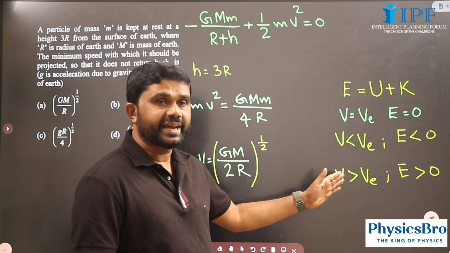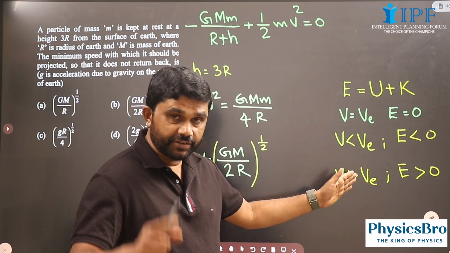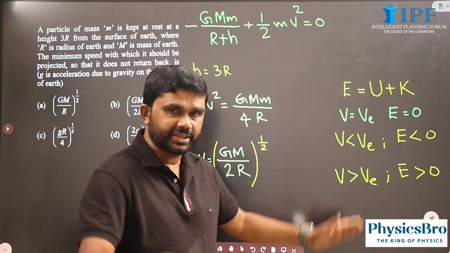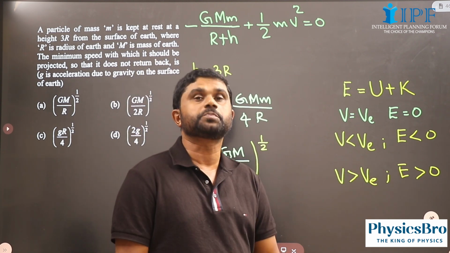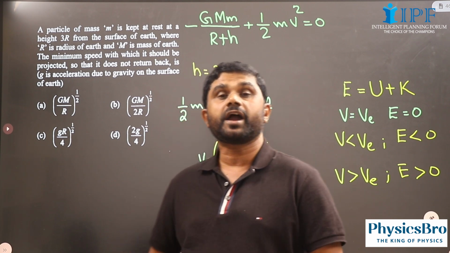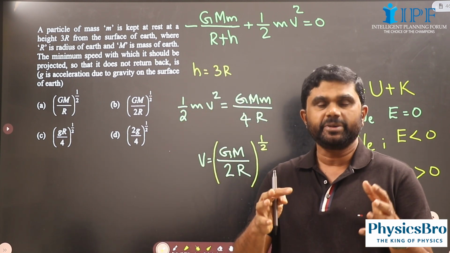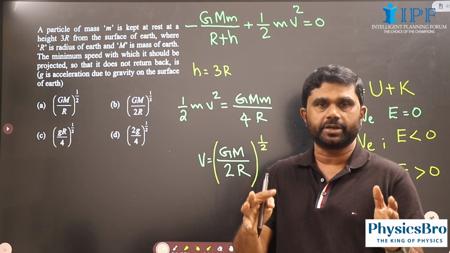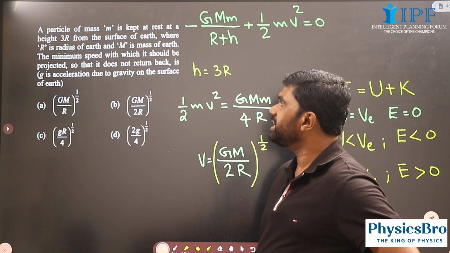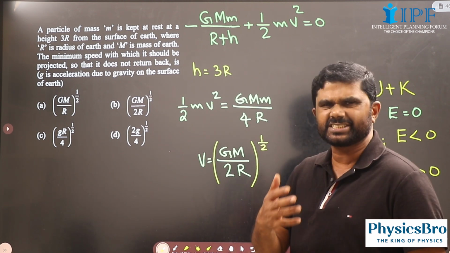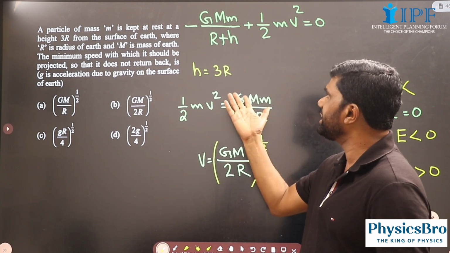Now, if V is greater than escape speed, the body is projected with a speed more than the escape speed, then total energy will be greater than 0, means it is positive. Here we have to find the escape speed, so the body is projected with escape speed, and total mechanical energy will be 0. Initially it is at a height say small h, and h is given as 3R.